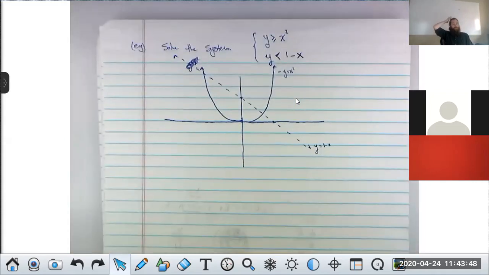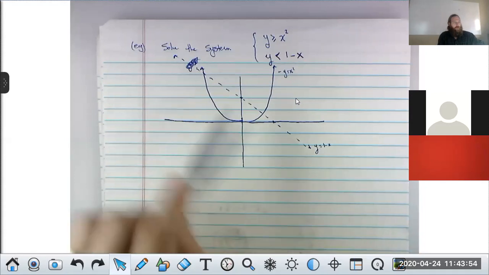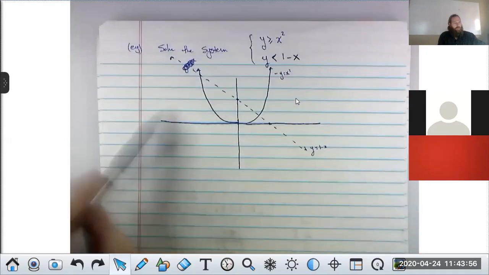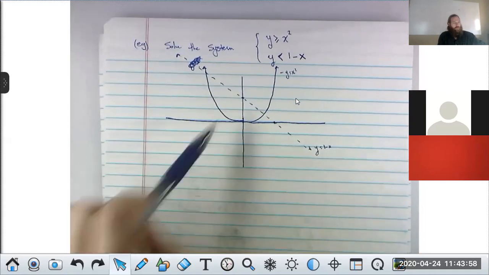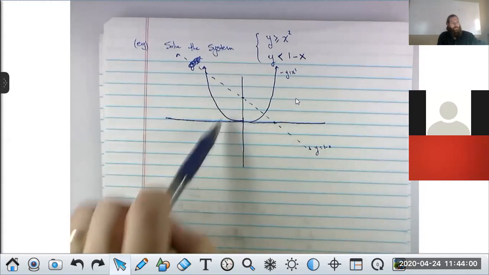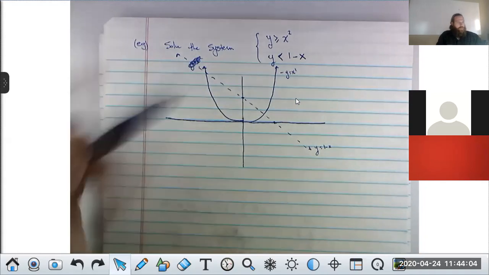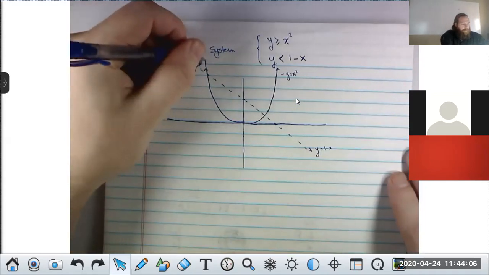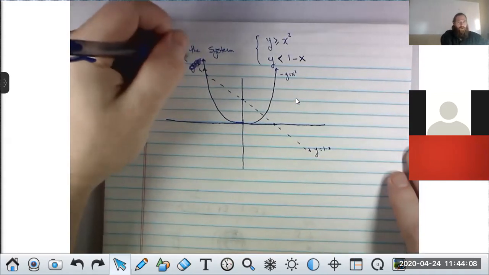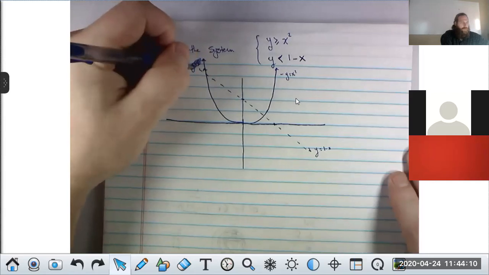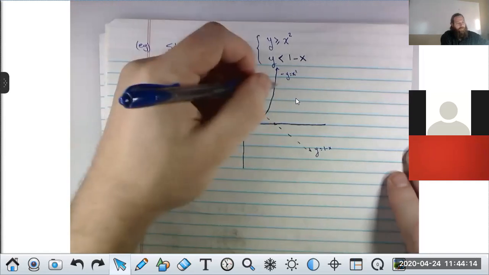And again, you see this splits the plane up into several regions. You've got the region that's below both, below the line and below the parabola, that's down here. You've got the region in here, that's above the parabola but below the line. There's a region out here that is below the parabola and above the line, and that's the same as this region over here.